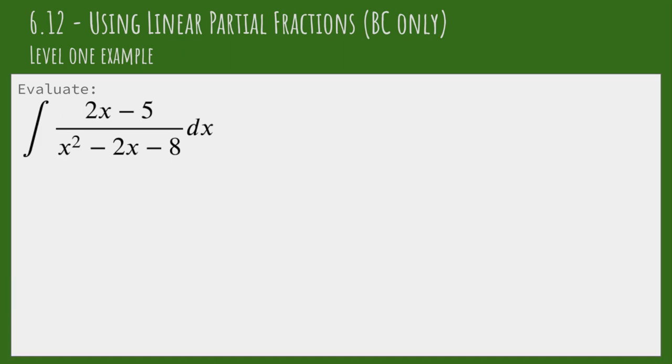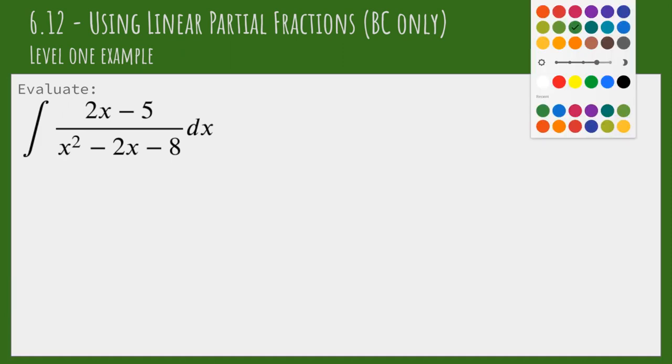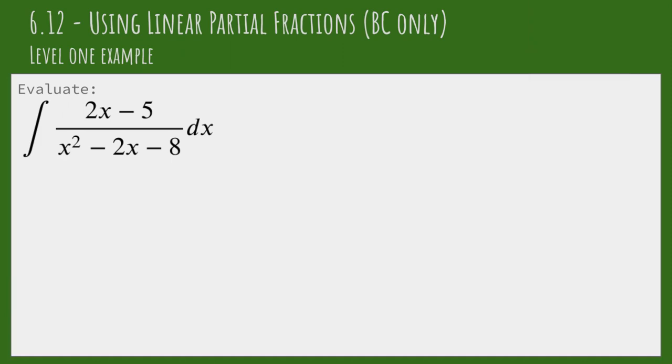This example is very similar. So we're going to do some side work to do some partial fraction decomposition. Factoring the denominator, we're going to have x minus 4, x plus 2. So we'll make that A over x minus 4 plus B over x plus 2.